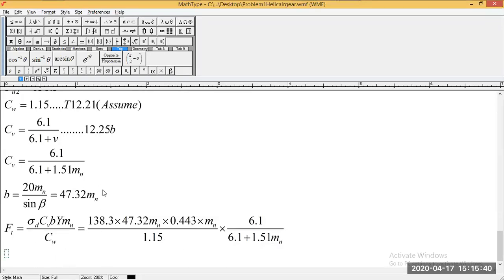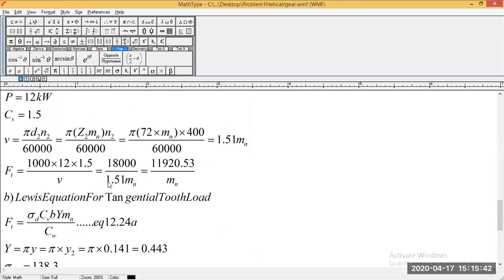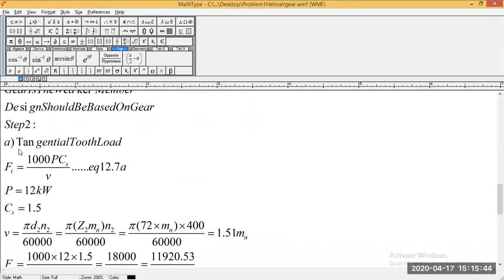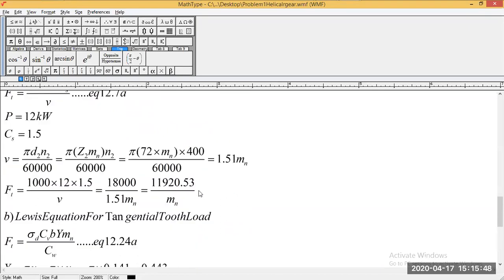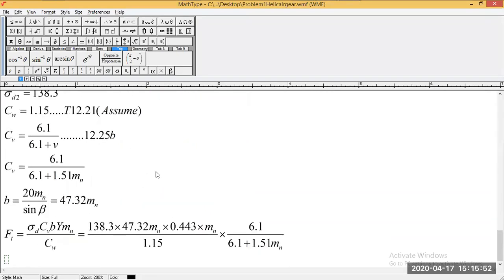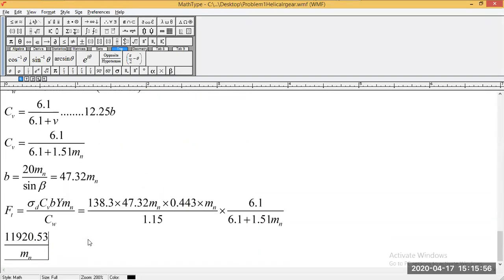We will equalize. Now for part A, we had already solved a little bit, the tangential tooth load part. So we'll take this part, copy this, and that's nothing but Ft. We'll put it here. Now this is equal to a simplified version of this equation.